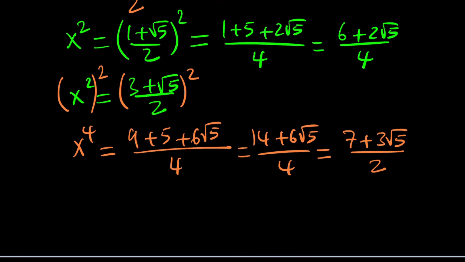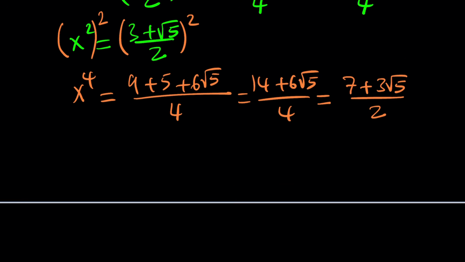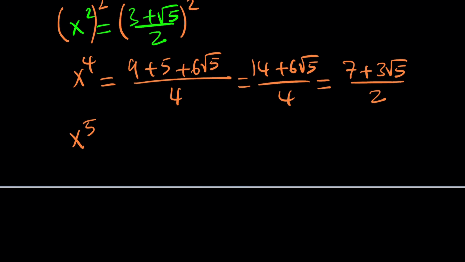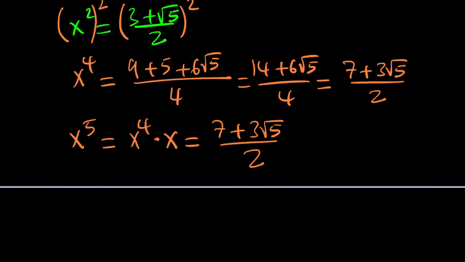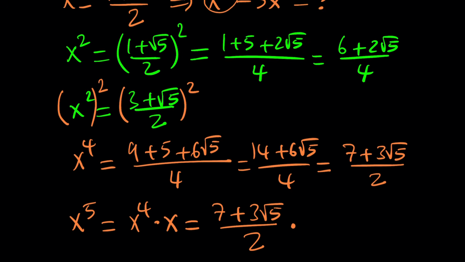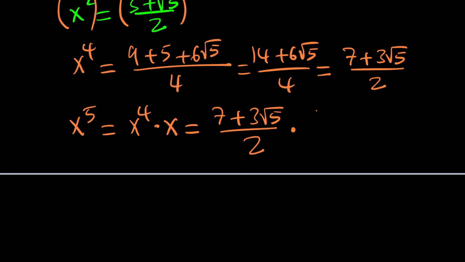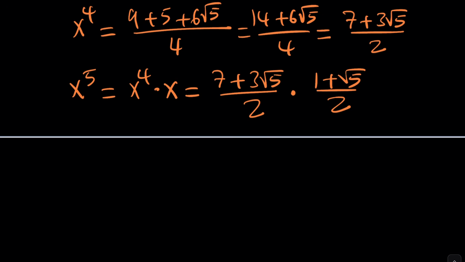So now we got x to the 4th power, and we already know what x is. So x to the 5th is basically x to the 4th multiplied by x. So it is 7 plus 3 root 5 over 2 times x, which is 1 plus root 5 divided by 2, right? Now to simplify this, we're going to go ahead and multiply the numerators.